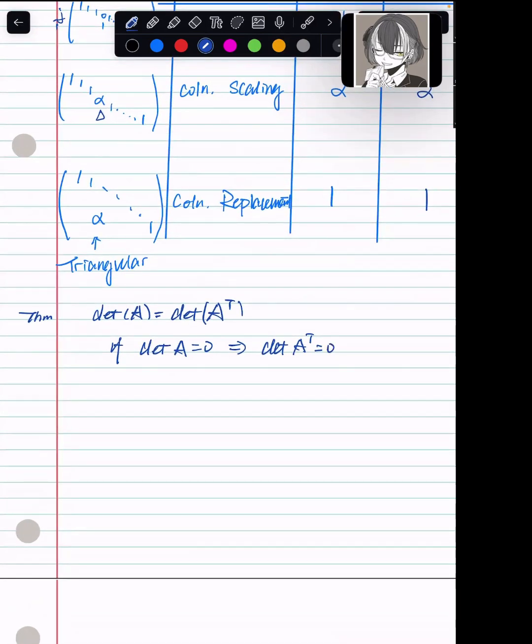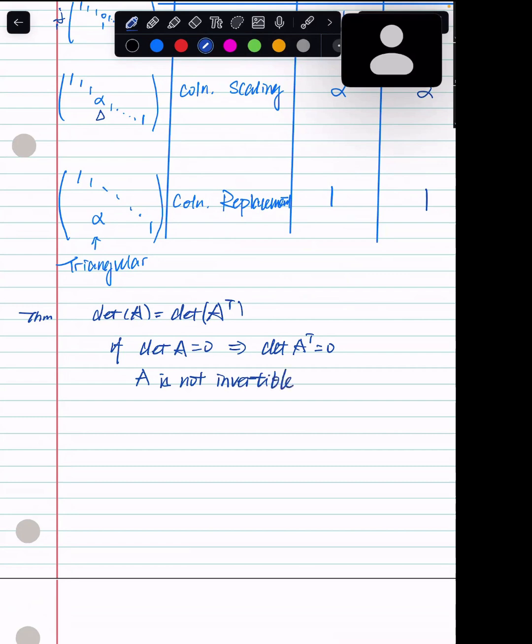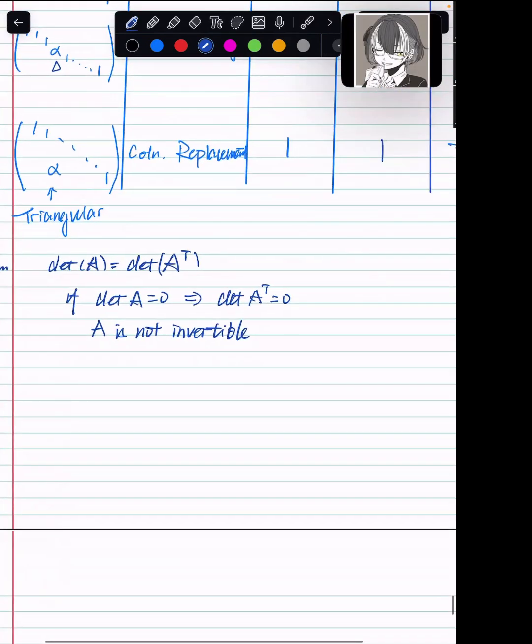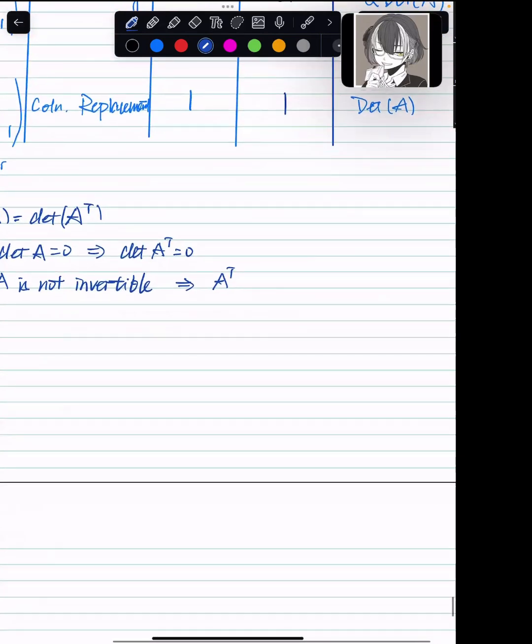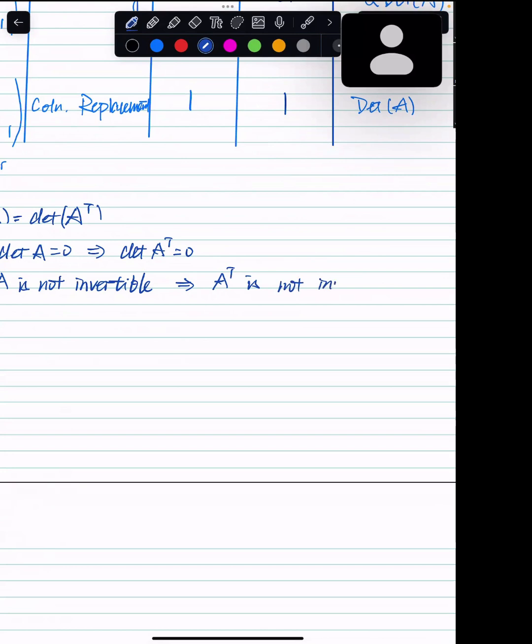The determinant of A equaling 0 is the same thing as saying A is not invertible. So if A is not invertible, the transpose of A also has determinant 0, so we know that the transpose of A is also not invertible. I see.